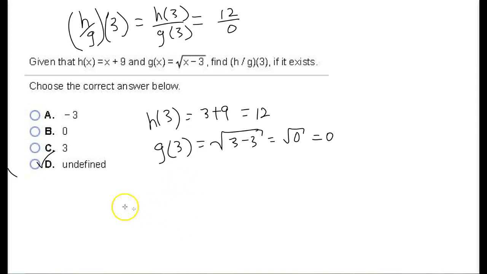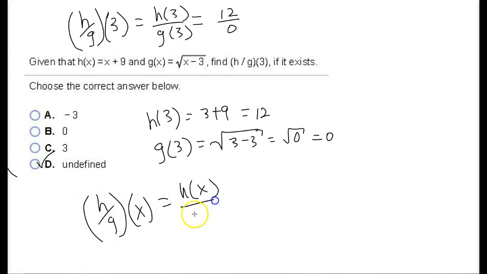And specifically speaking, if we were to form this new function, it would look like this. So it'd be x plus 9 over square root of x minus 3.